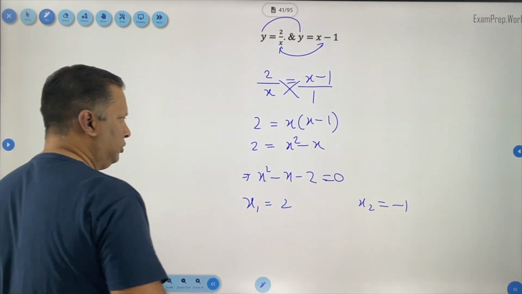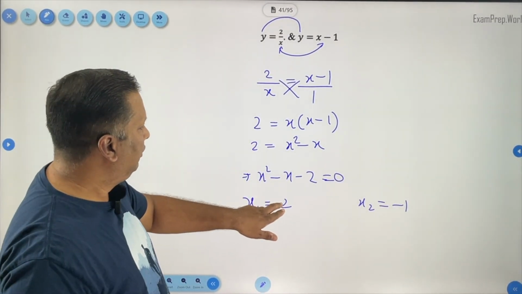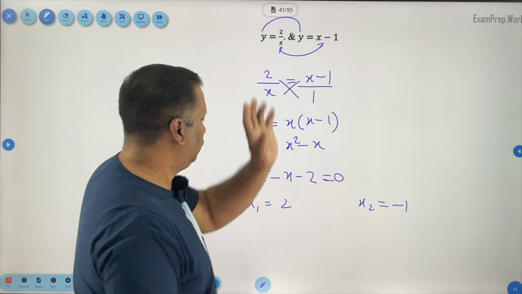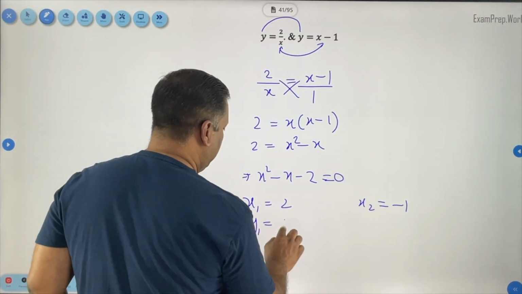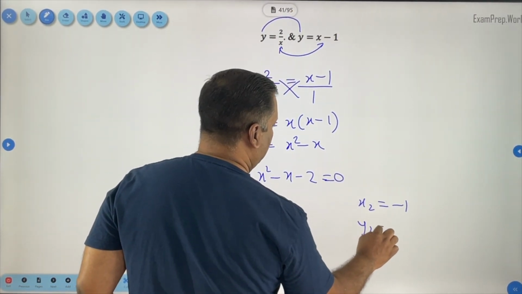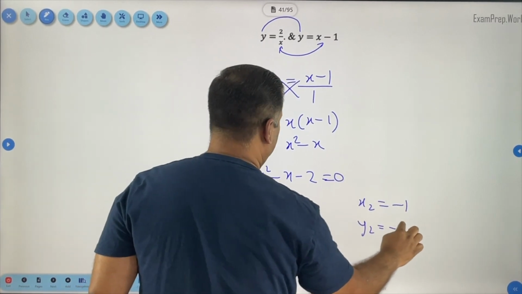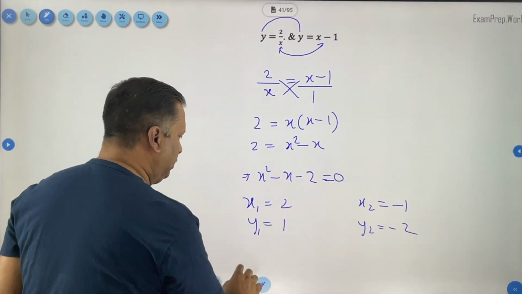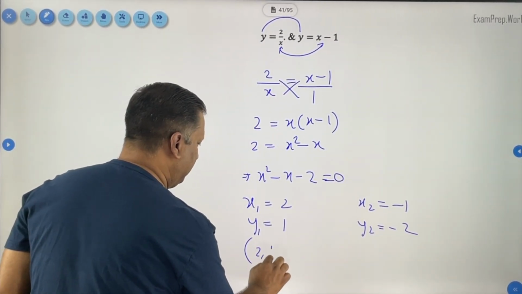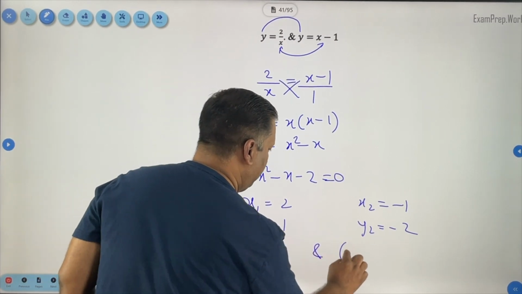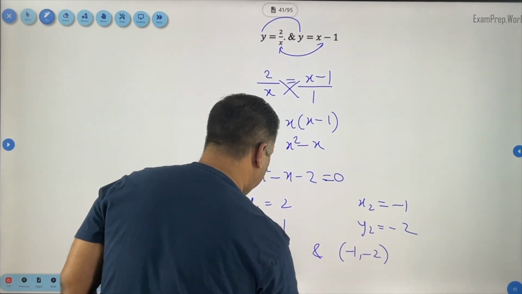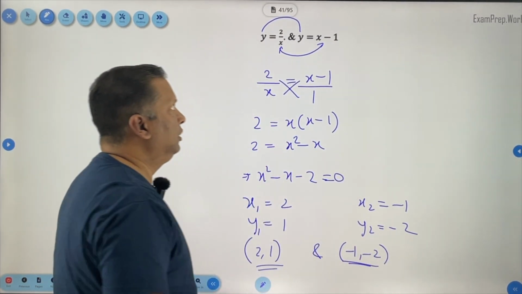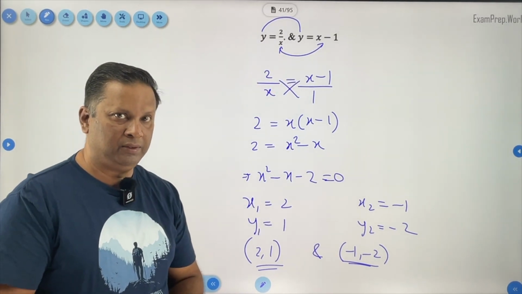Now I'll input these values. If I input 2 here, 2 minus 1 is 1. So y1 is 1. And y2, if I input negative 1 here, it is negative 2. So the lines will intersect at (2, 1) and (negative 1, negative 2). These are the two intersecting points for the given functions.